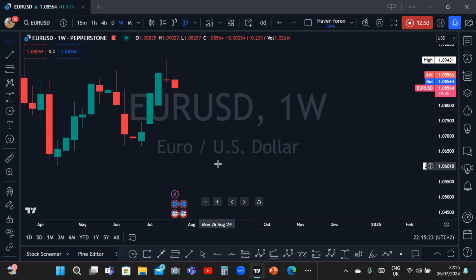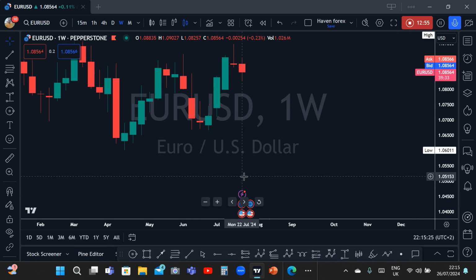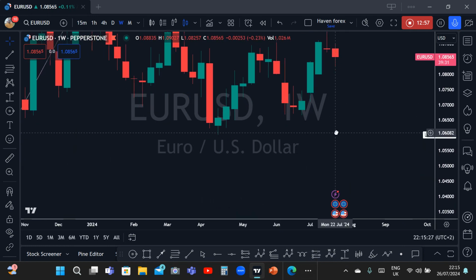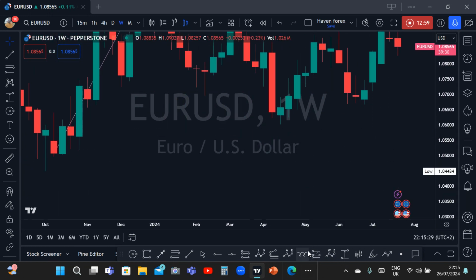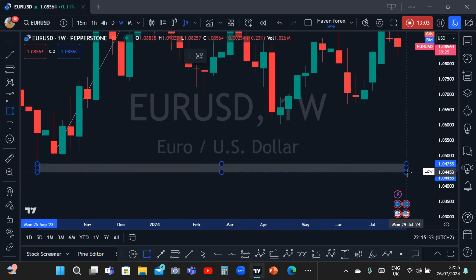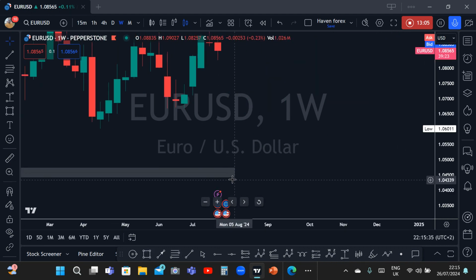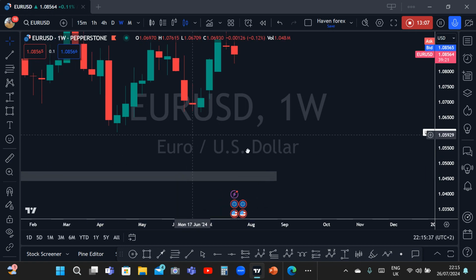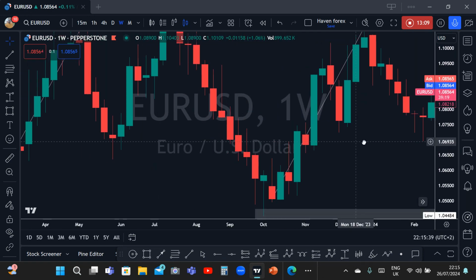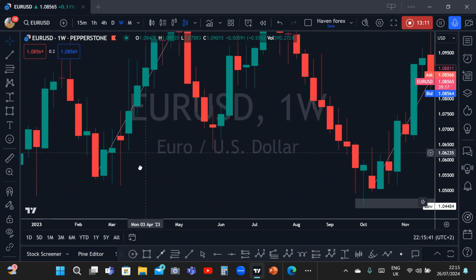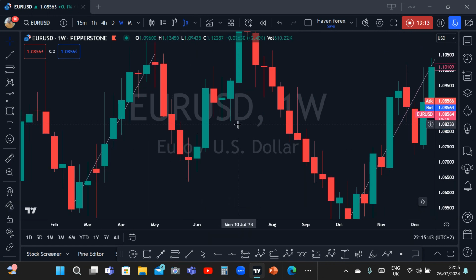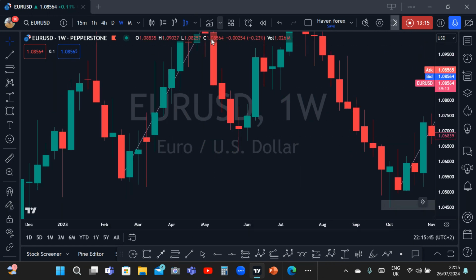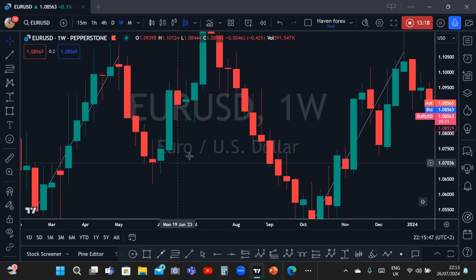It's a clear formation. Now, where is this price going to? The price is coming down to break this level. That is the idea. How did we know? At this point, there was a change in trend.